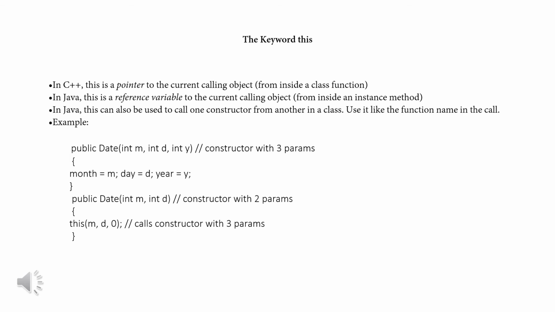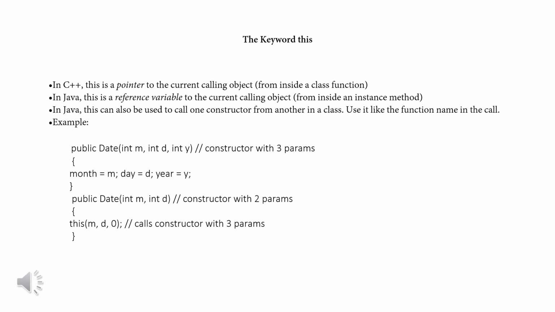So here the point is about the keyword this. You already know about this keyword in C++, right? That's a pointer to the current calling object. In Java, this is a reference variable, right, to the current calling object. So it's referring to the current object.